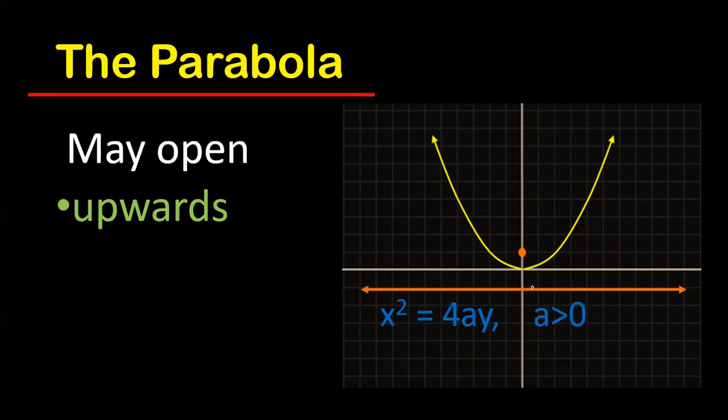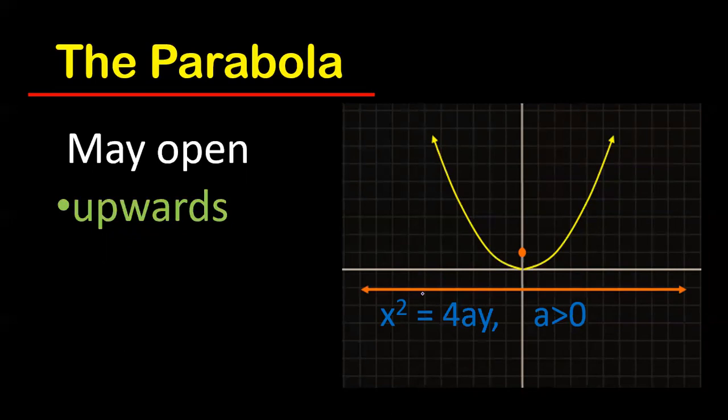If your equation is in the form x squared is equal to 4ay, where a should be positive, so a is greater than 0. For example, x squared is equal to 20y. 20 is positive, so that will give you a parabola that opens upwards.